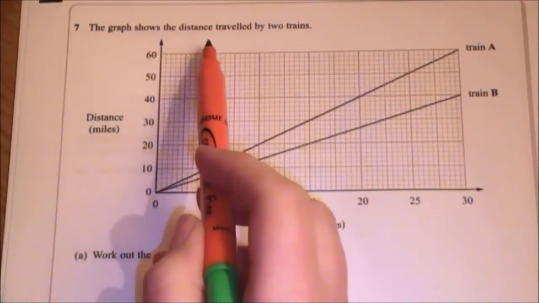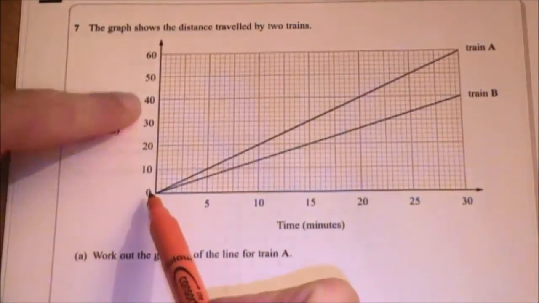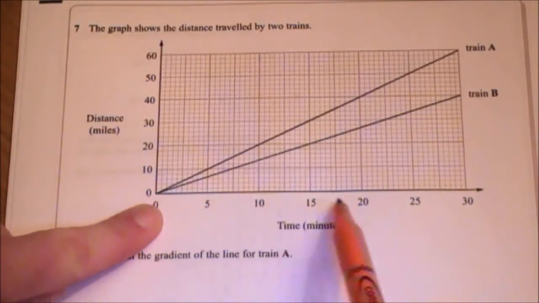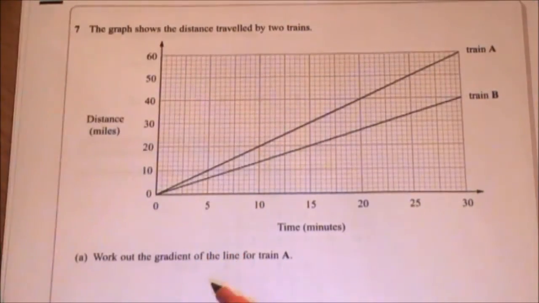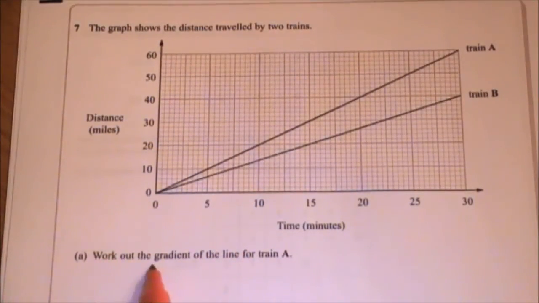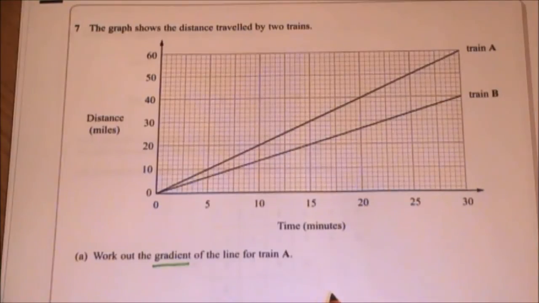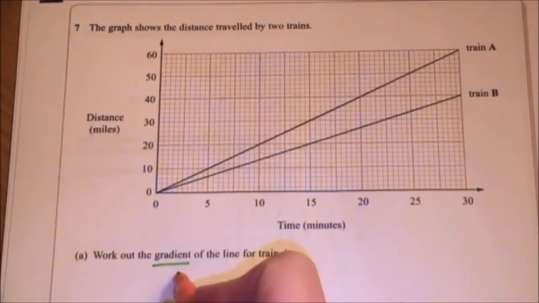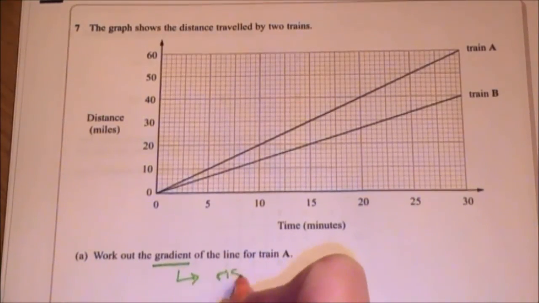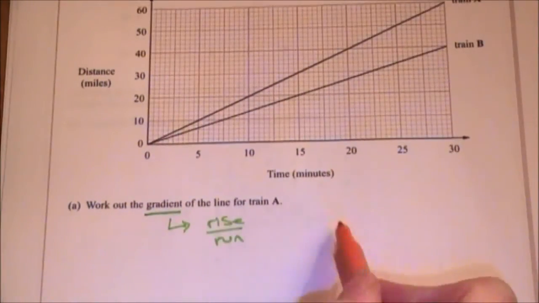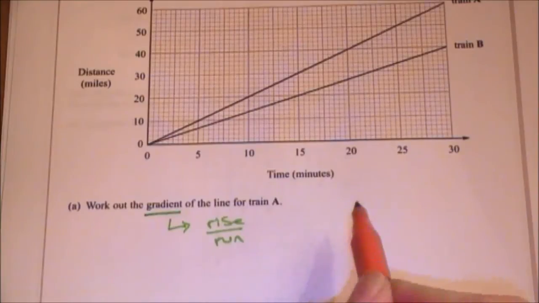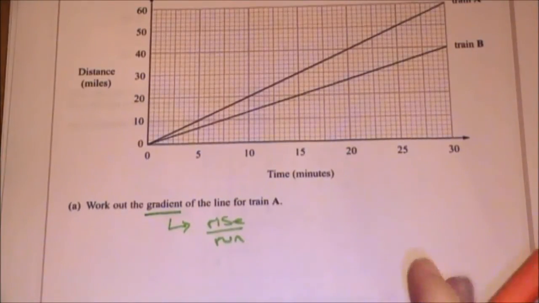The graph shows the distance travelled by 2 trains. Distance travelled and time it takes them to travel. Train A, train B. Work out the gradient of the line for train A. Gradient equals the rise over run, otherwise known as the change in the y-axis divided by the change in the x-axis.